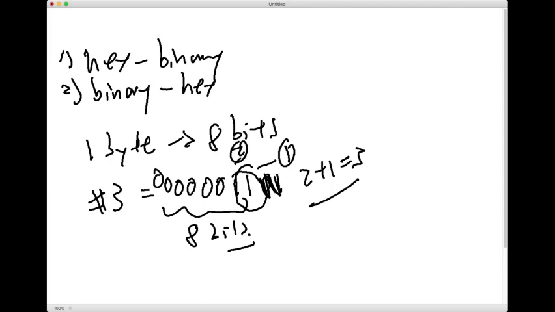Well, one thing we could do is, instead of writing out 8 digits, just use, let's say, 4 digits. Let me clear this sheet. And let's go back to the number 3. So it was 0, 0, 0, 0, 0, 0, 1, 1.